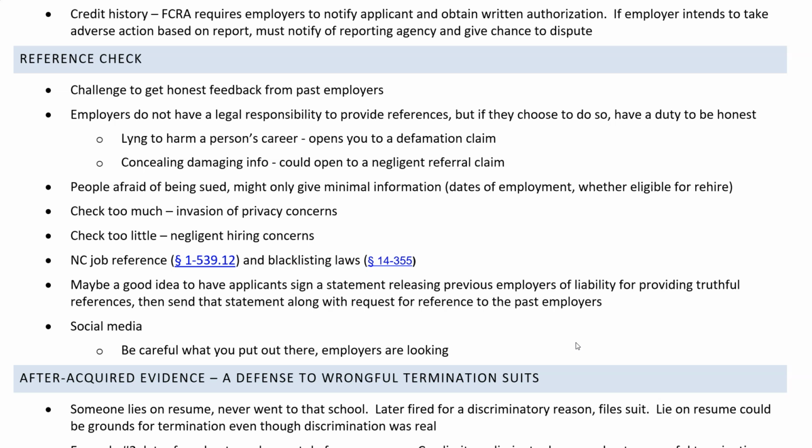And how is that going to make you look to a potential employer? Because it might be the kind of thing that turns them off. It might be something that disqualifies you if what you're putting out there is vulgar or offensive, or if you're trashing past employers, things like that, then maybe they just don't want to have anything to do with you. So be mindful of that when you're using social media.